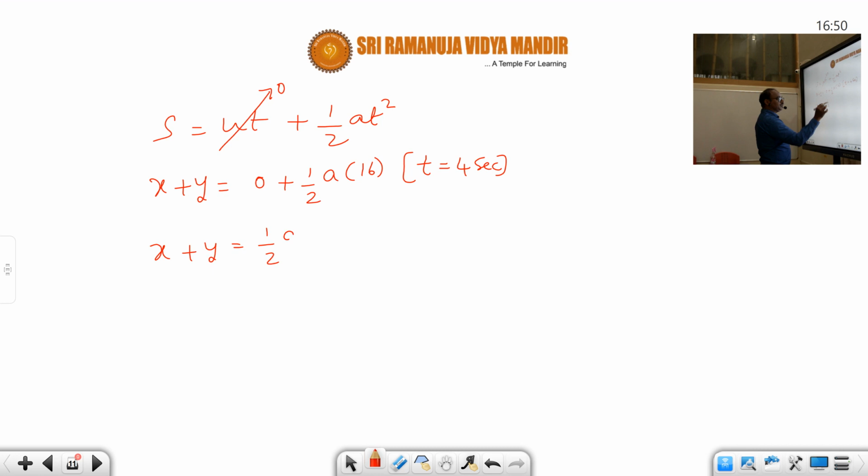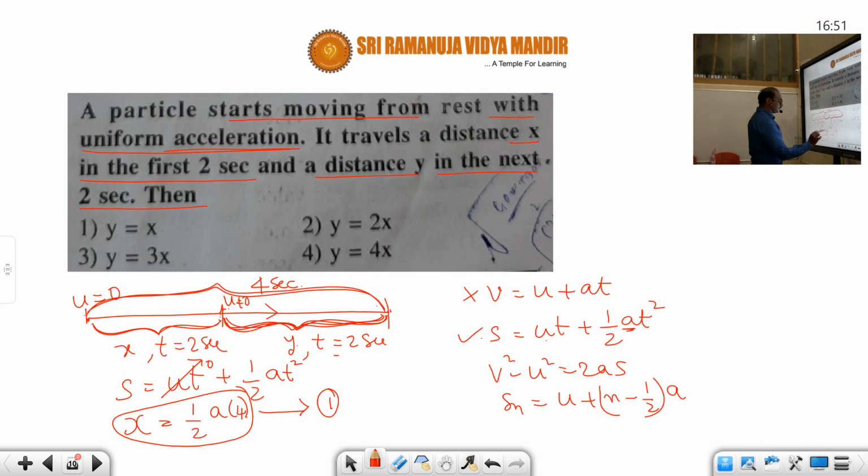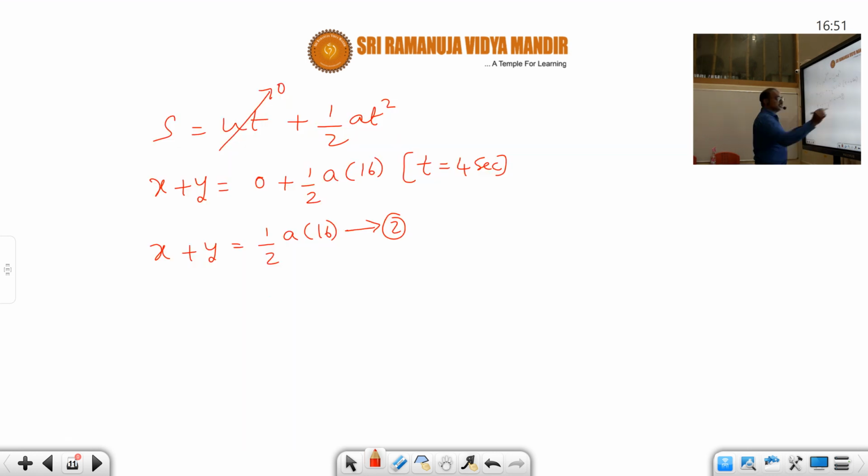Again I'll write the first equation also. What is the first equation? x equals half into a into 4. Now I make the right-hand side of equation 2 half into a into 4 into 4, since 16 can be written as 4 into 4.